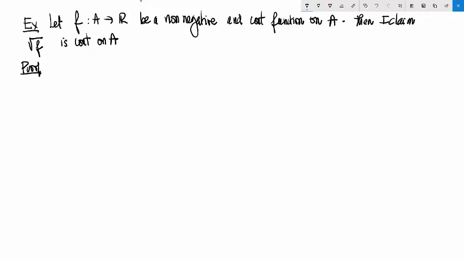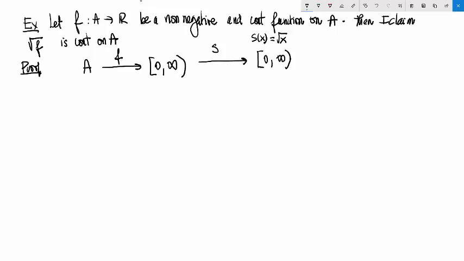We will accept as a fact that the square root function is continuous on its domain, and then if we look at this map, f is mapping A into the non-negatives, and the square root function, let's call it s. By s I mean the function such that s of x is equal to square root of x. This function is taking the non-negatives into the non-negatives, right?